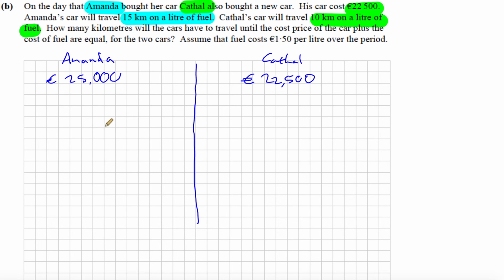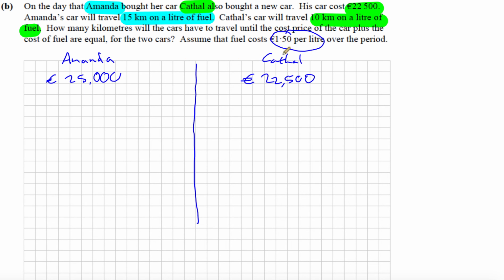Okay, so if we now try and work out the cost, if we can now work out the cost per kilometre of the fuel. So the cost per kilometre would be the cost of a litre over the number of kilometres. And the cost of a litre is 150, that's the same for both of them, 150 per litre.